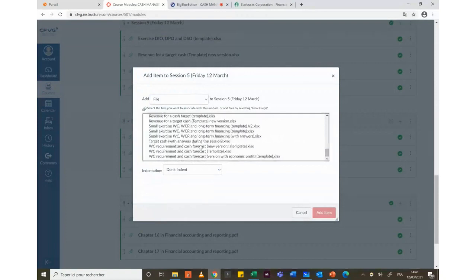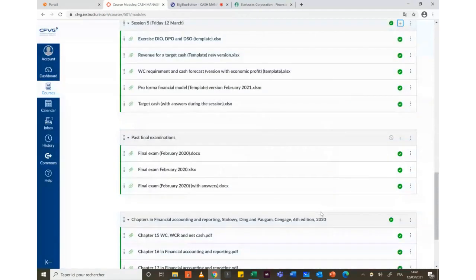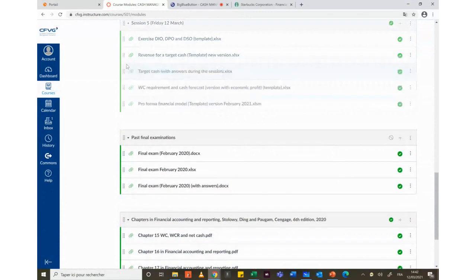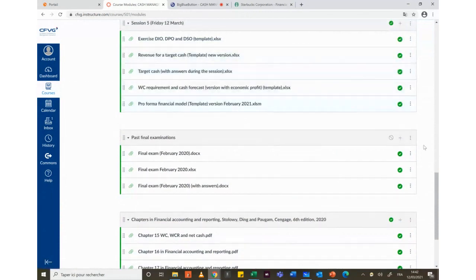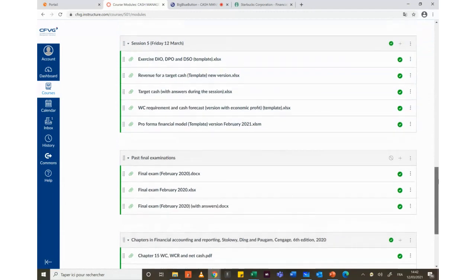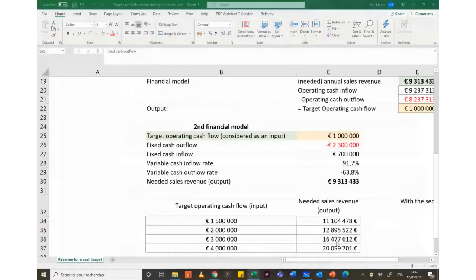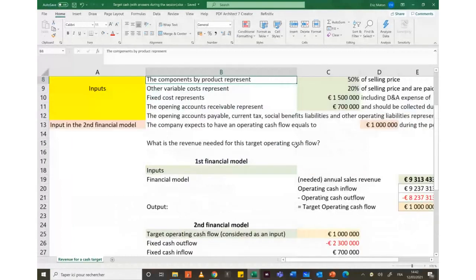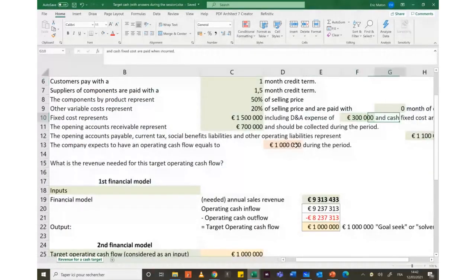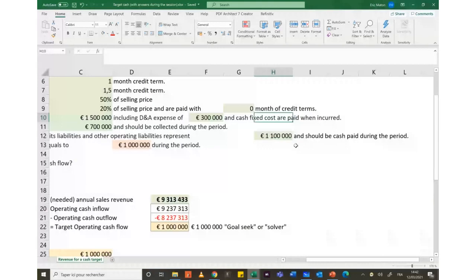So the name is target cash, okay? It is the answers to this one. So now you have the correction. And you can include also some credit terms for the cash fixed cost. If we want, we can say the cash fixed cost is not paid when incurred, but after 1 month.